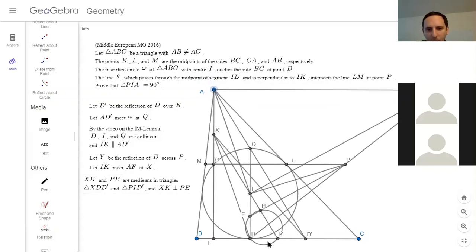So first of all, AXIQ is a parallelogram.